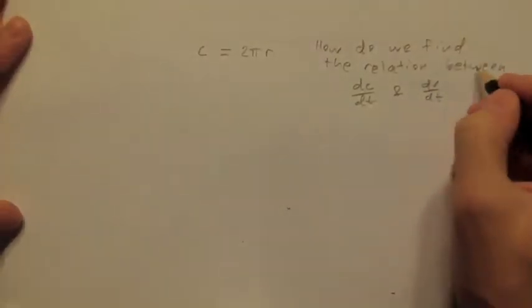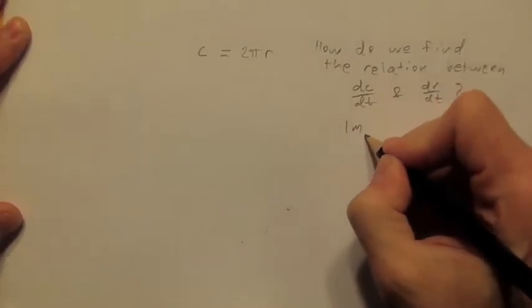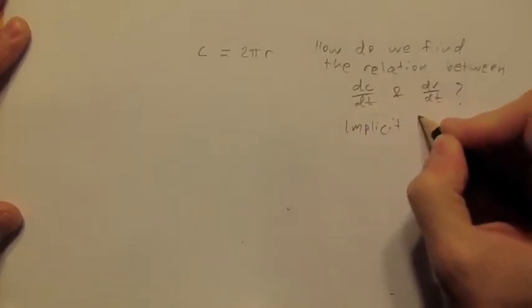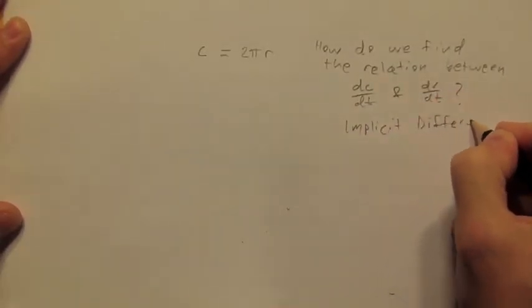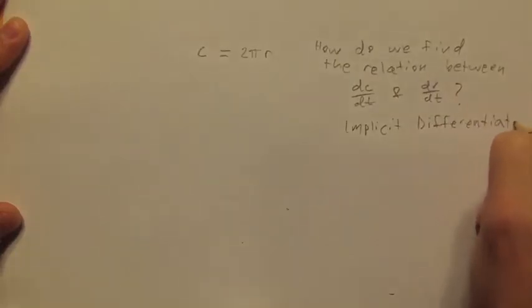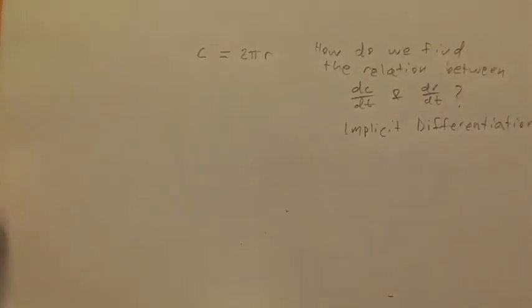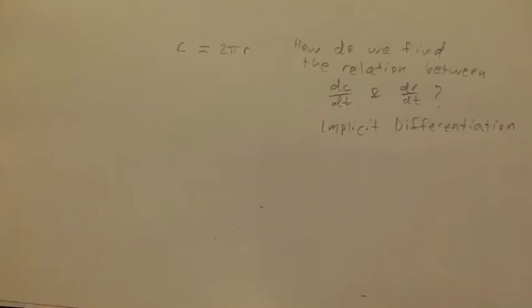Well, the answer is implicit differentiation. Okay? The only difference here, we don't have y's. Okay? We'll be taking derivatives with respect to t. And anytime we don't see a t, we're going to throw a d whatever is over dt.